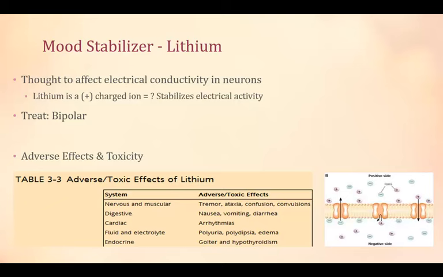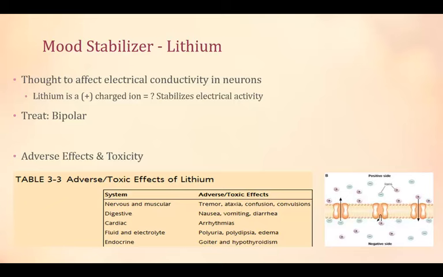Mood stabilizers, an example would be lithium. What's thought to happen here is that there's overexcitement of the neurons, which can cause conditions such as bipolar disorder.